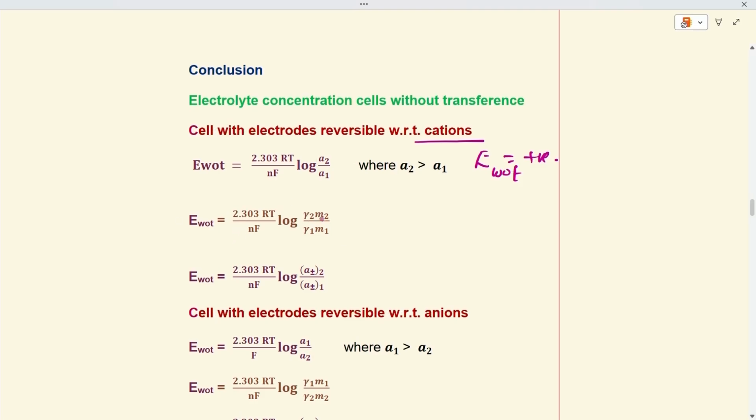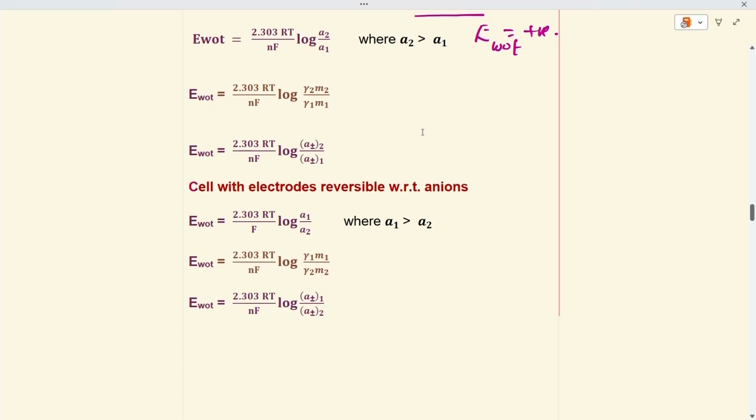Now, in terms of molality, it is equal to 2.303 RT by NF log gamma 2 M2 divided by gamma 1 M1. E without transference in terms of mean ionic activities is equal to 2.303 RT by NF log mean ionic activity of 2 divided by mean ionic activity of 1.